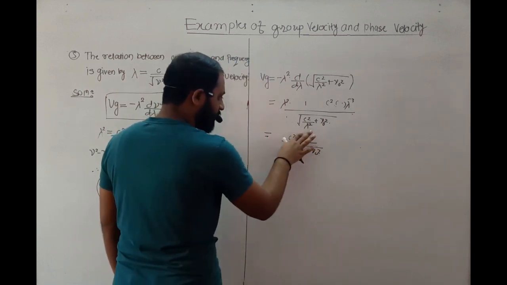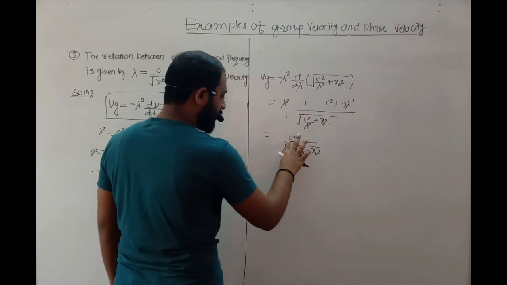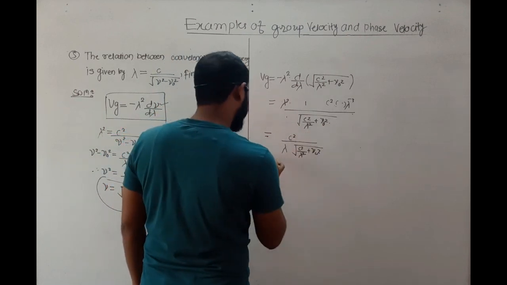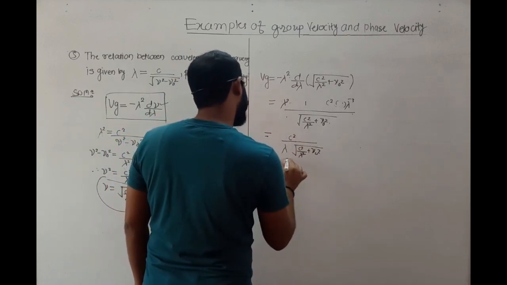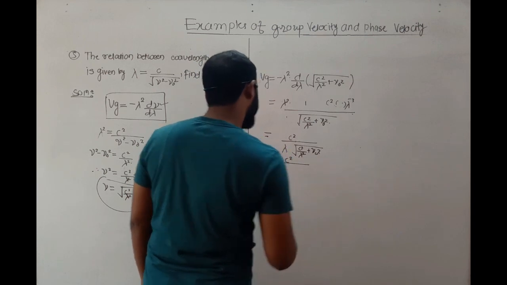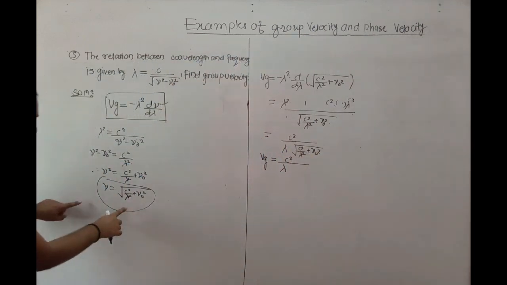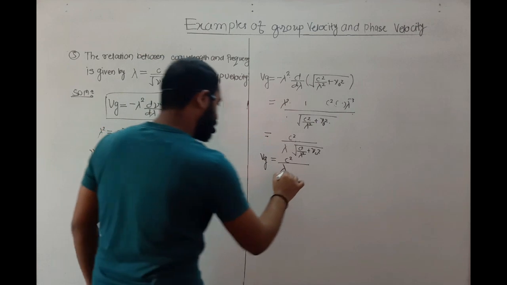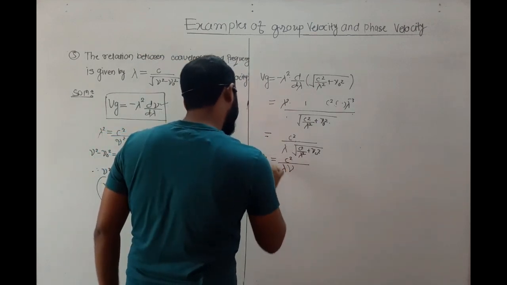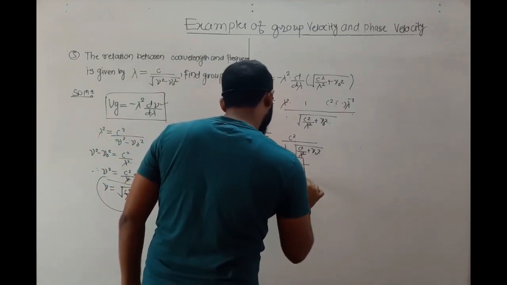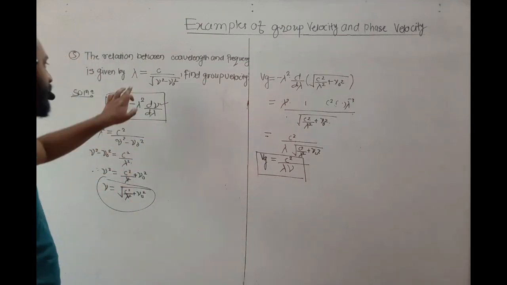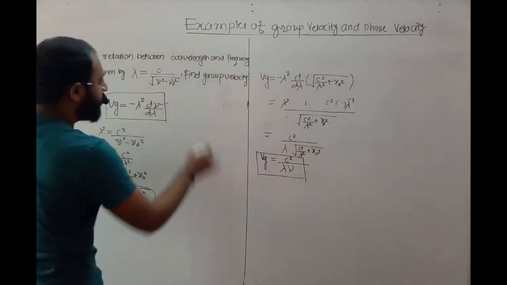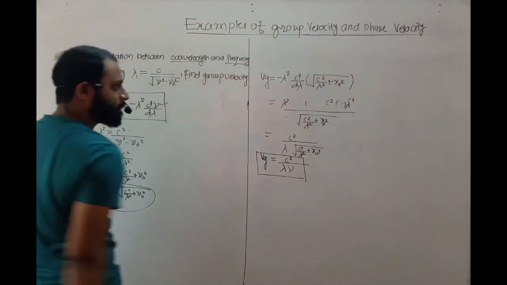Here lambda square and lambda square get cancelled, only lambda remains. Now Vg equals c square by lambda times the root, but instead of this, I can write nu. This is the group velocity for this given relation between the wavelength and frequency.